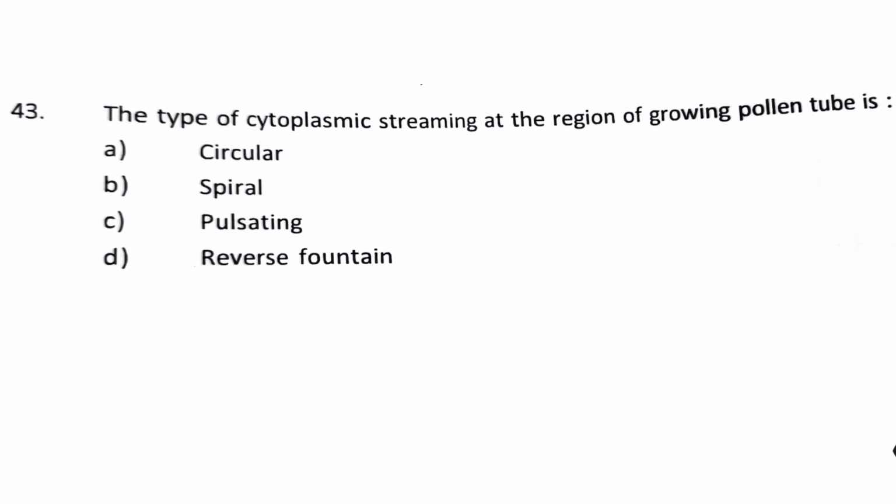The type of cytoplasmic streaming at the region of the growing pollen tube is A, circular streaming, B, spiral, C, pulsating, and D, reverse fountain. This is a fact-based question and the answer would be reverse fountain. Yes. Okay.